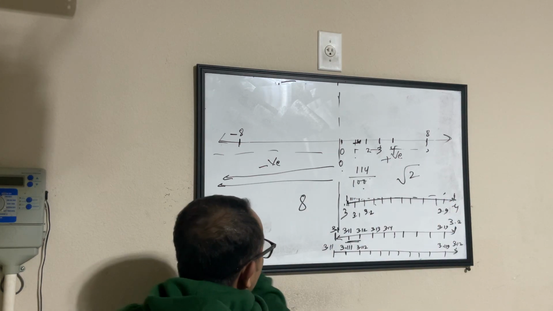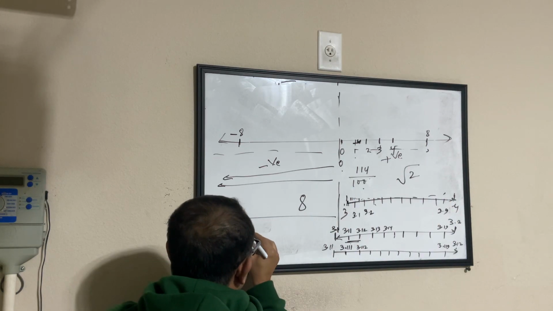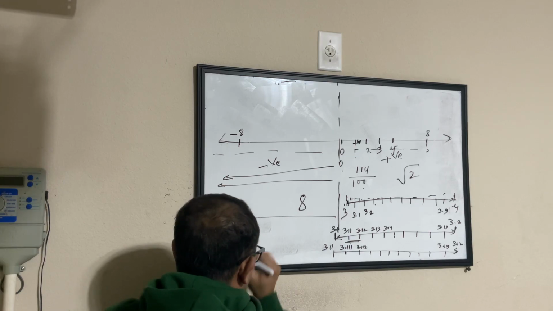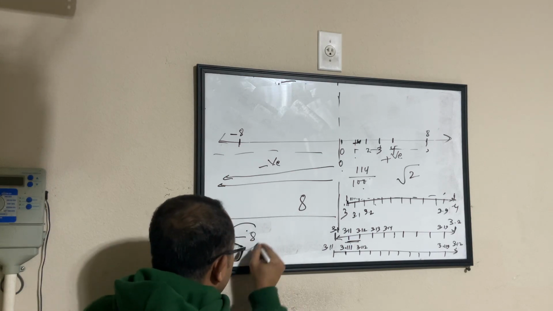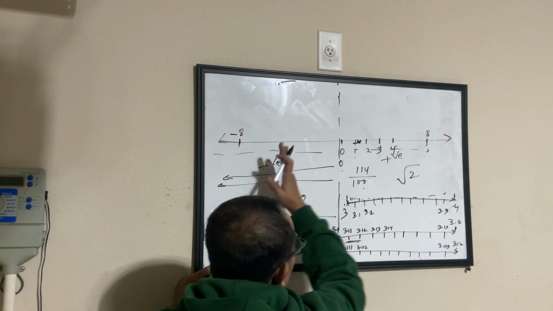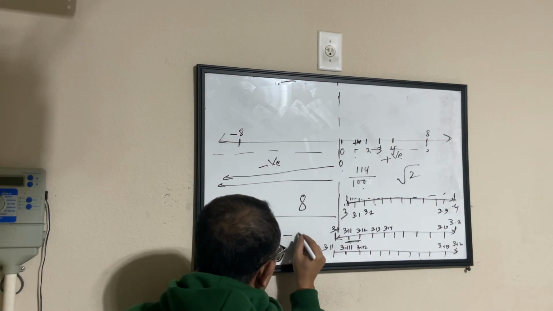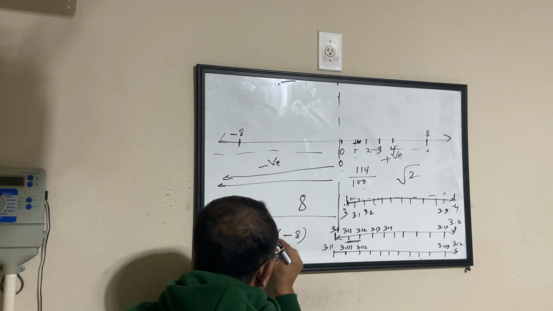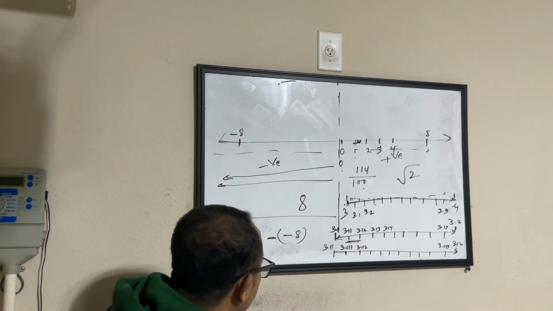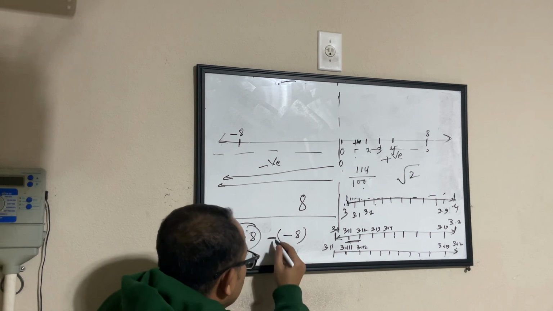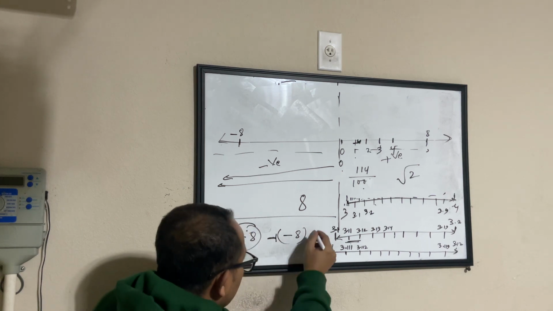So if you come across a question which says, find out the opposite of -8, the opposite of -8 would be something on the positive side as a mirror image. Whenever you have to find an opposite of something, you have to multiply that by -1, and that will be your opposite.